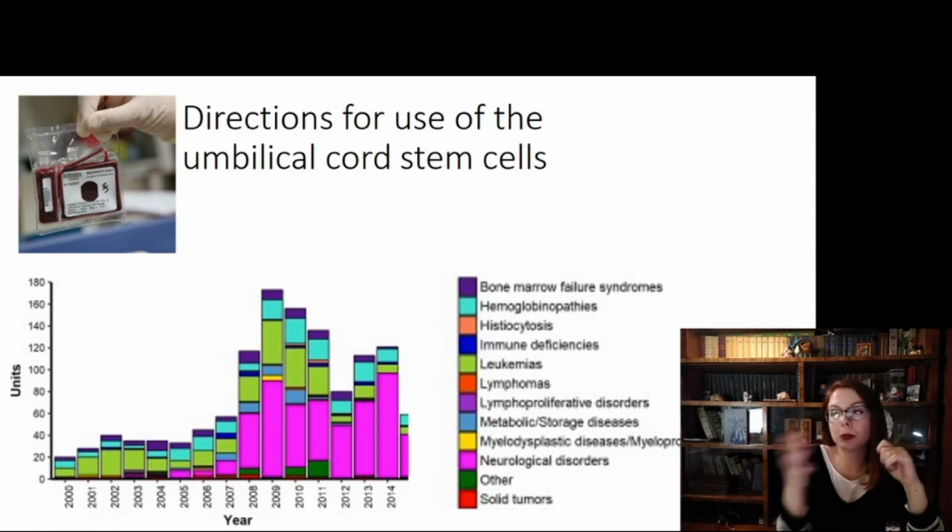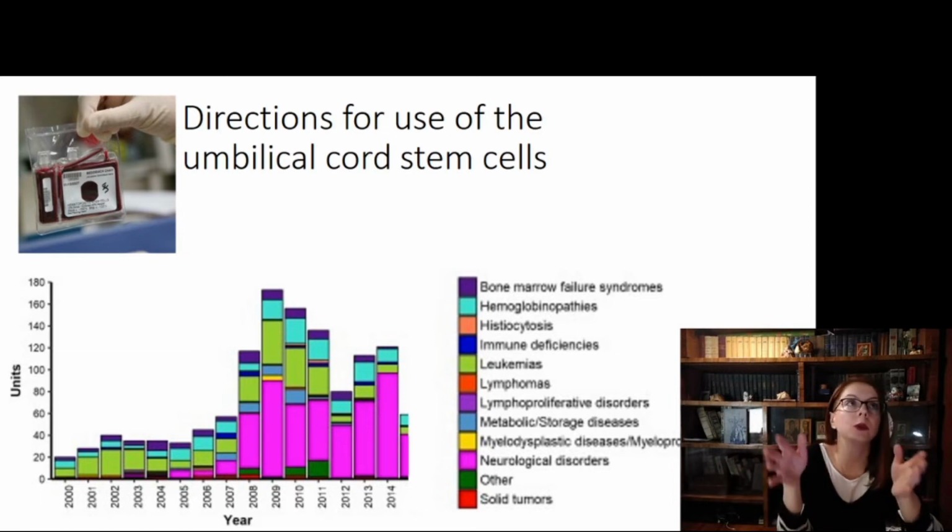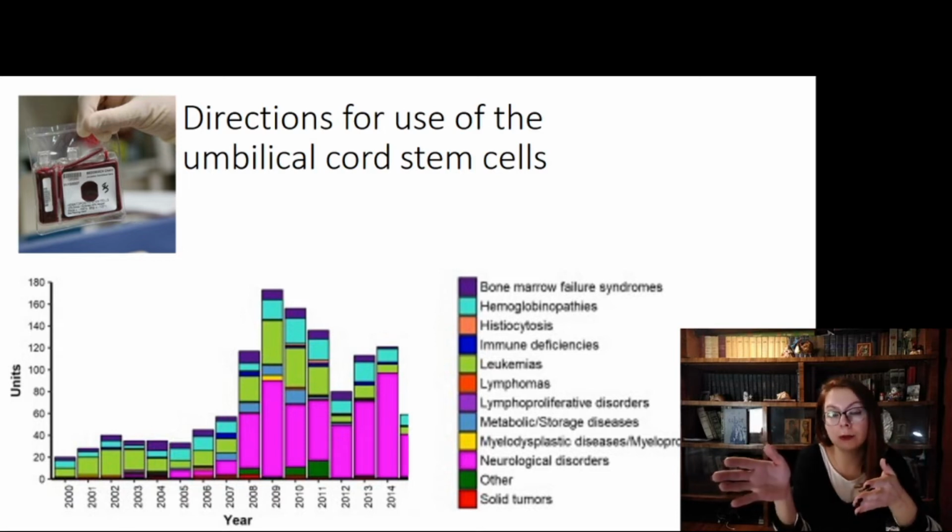So what is more perspective for the umbilical cord and other fetal stem cells, other sources of stem cells in the future? The most perspective is to use not umbilical cord blood, but other parts of fetal tissues like umbilical cord lining, maybe amniotic epithelium.